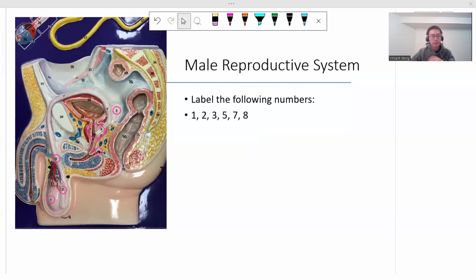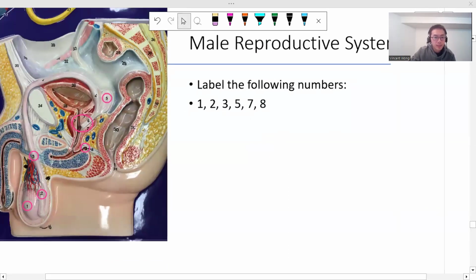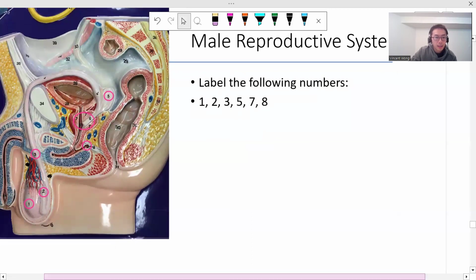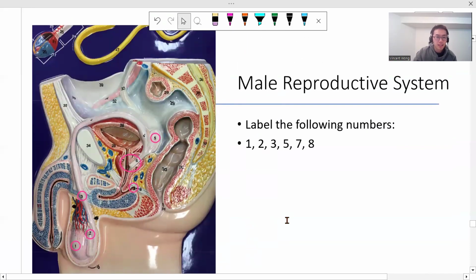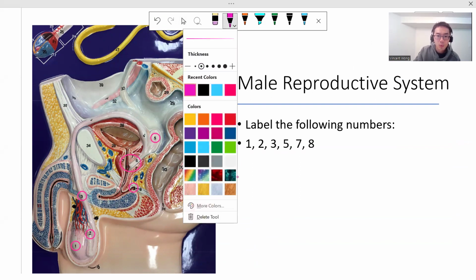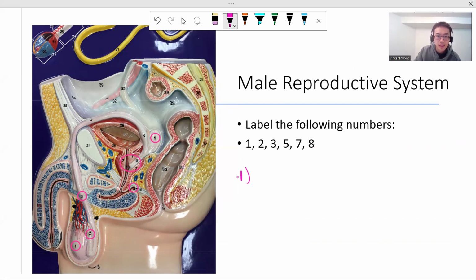Let's go through the male reproductive system here. Most of these things are pretty straightforward, but let's go through it anyway. One is the testicles. Testes. I actually don't know the difference.